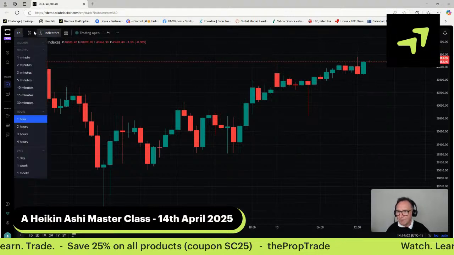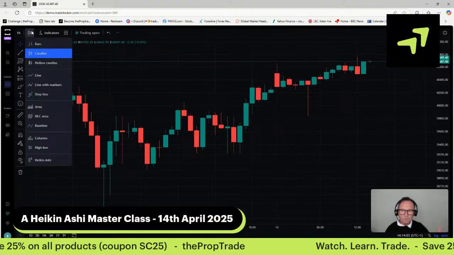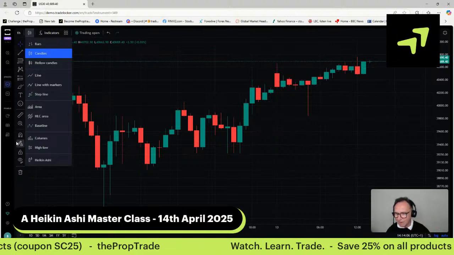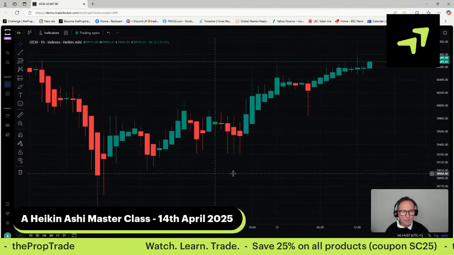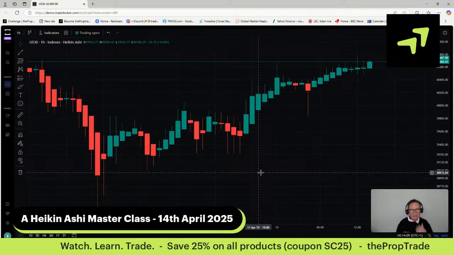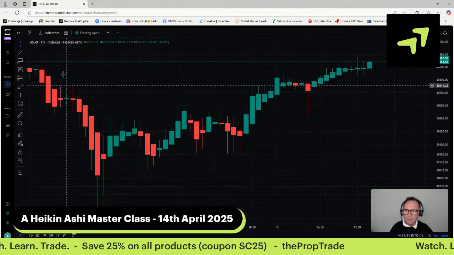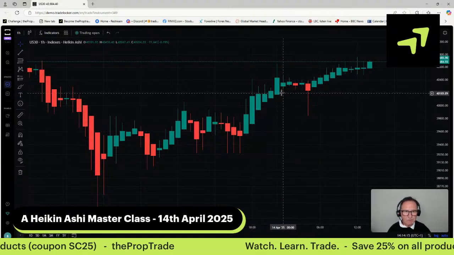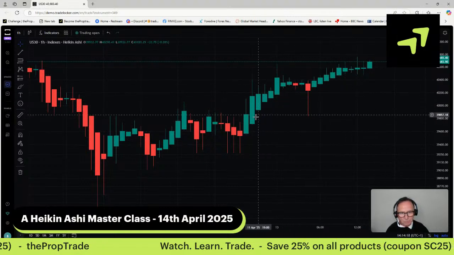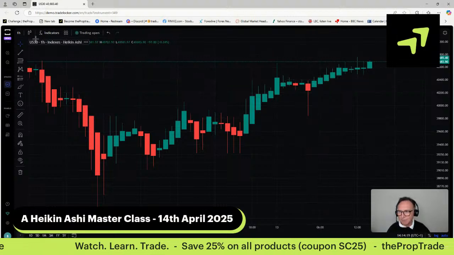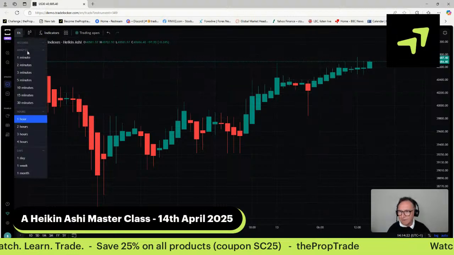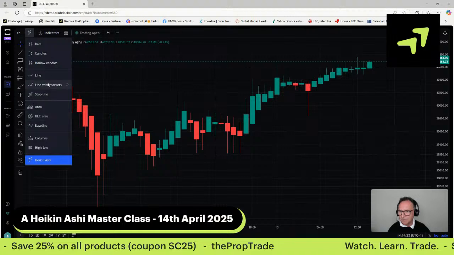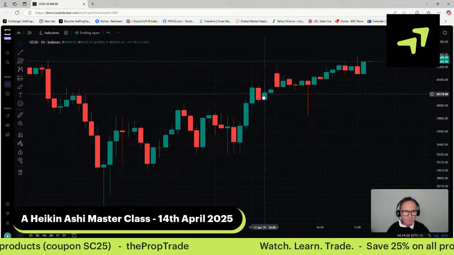So if we flip the view of the price action to the Heikin Ashi interpretation, we'll see the candles change a little bit. Let me just do that in real time again. You can see here the trend is green predominantly, isn't it? Much greener here. There's only two red ones. If we go back to the normal candlestick setup, there's more indecision.